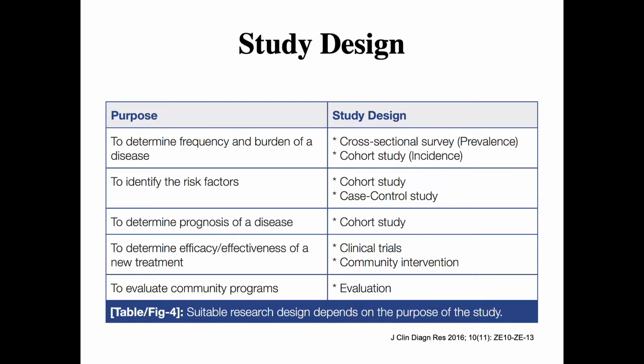Okay. Now, you also have what is called evaluation research, and this is very common in public health. So these researches evaluate any health programs to see if their objectives in improving public health have been met or not. Okay, and naturally, research questions would be veered towards evaluating community programs.